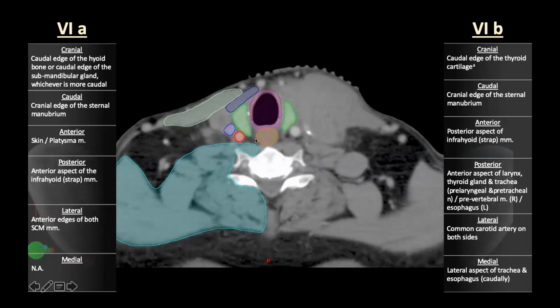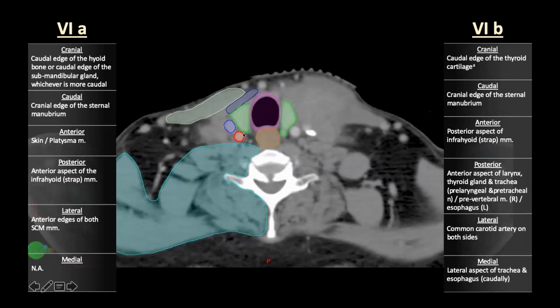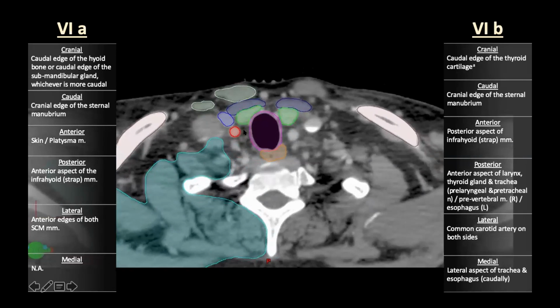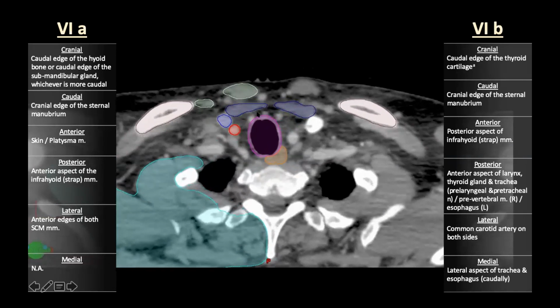Like we saw, medially and anteriorly it is restricted by the viscera, posteriorly by the paravertebral muscles, and laterally by the common carotid artery. So this space is the 6B. This here anteriorly is the 6A, and this here posteriorly is the 6B. Once you don't have the thyroid gland, in this case the strap muscle is the only structure that remains separating the 6A from the 6B.